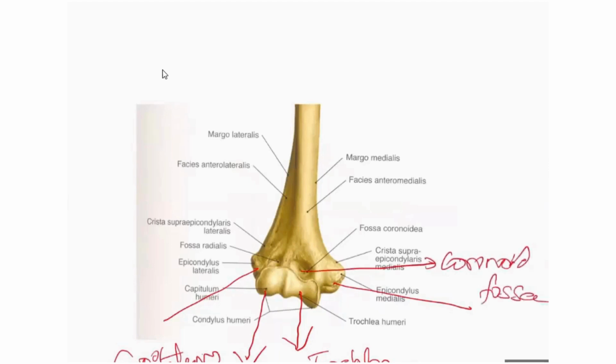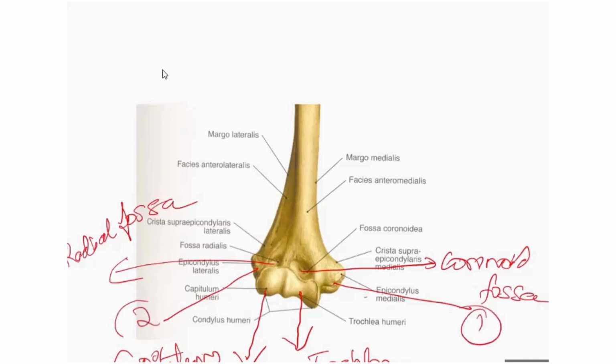Not process, this is a fossa; the process is present on the ulna. This is the radial fossa. You understand, right? The trochlea articulates with the upper end of the ulna, and the capitulum articulates with the upper end of the radius, forming the elbow joint.